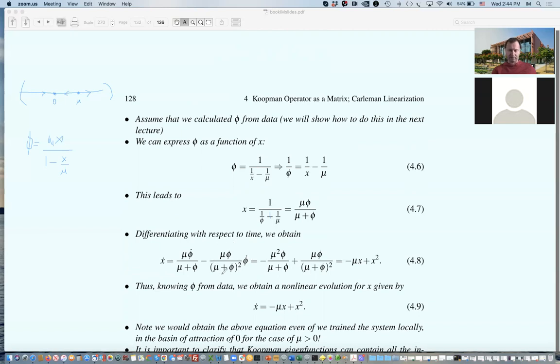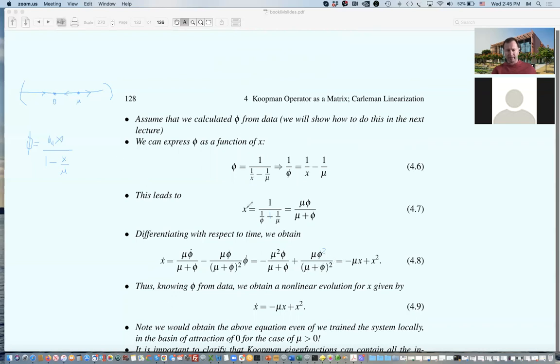So this is the derivative with respect to phi, and then multiplying it with phi dot. And so now if I note that phi dot is minus mu phi, I obtain minus mu squared phi over mu plus phi here for the first term. And then plus, because phi dot is going to give me a minus mu phi, so minus and minus are going to turn into a plus, mu phi squared divided by mu plus phi squared.